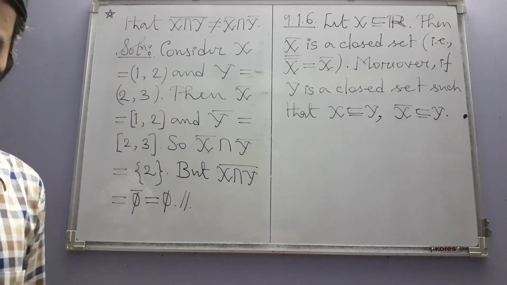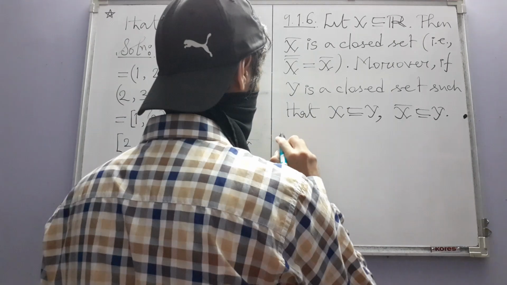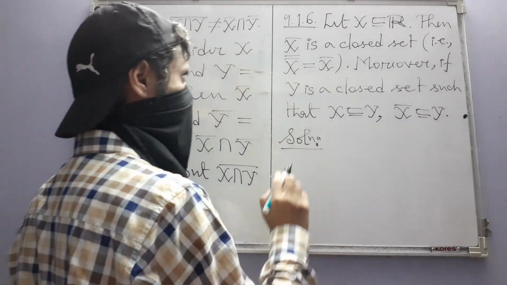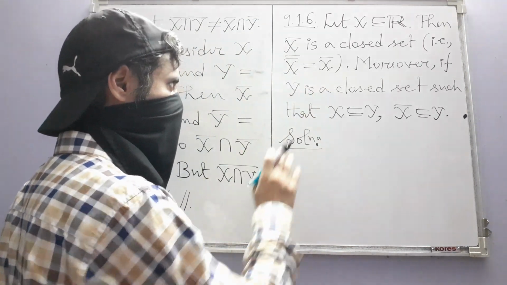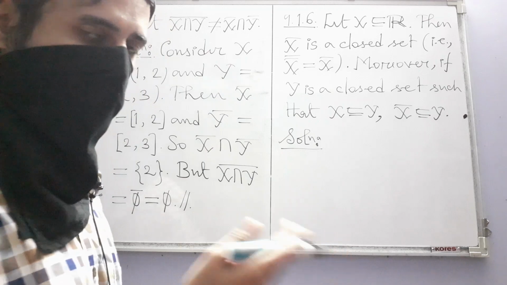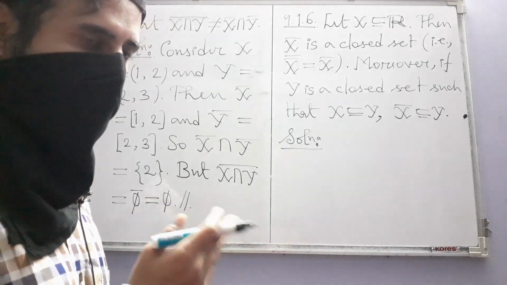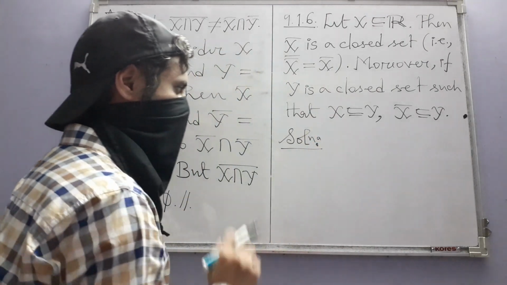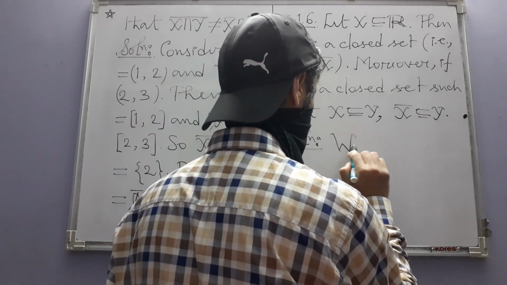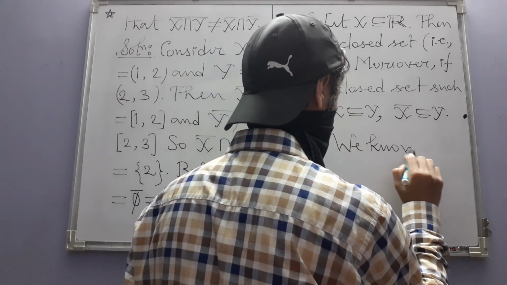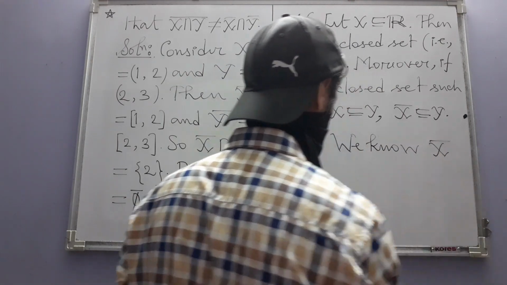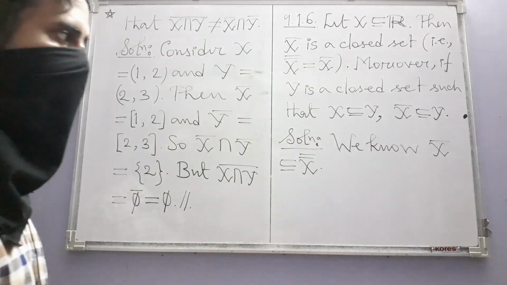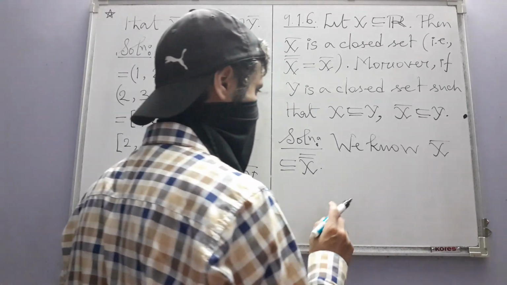Now let us prove this. So first we need to prove this identity, and that means the two reverse containments. One of them we already know: X closure is contained in this double closure. Now the reverse one.